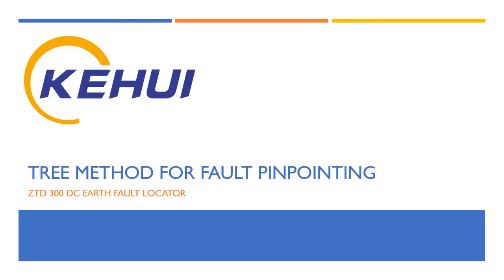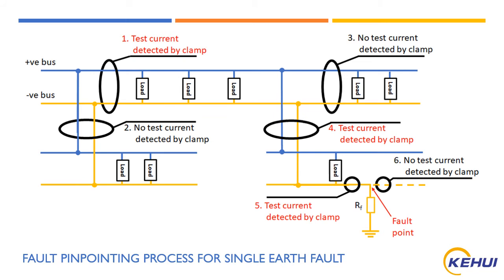For example, to give you a clear idea of understanding and pinpointing the fault, let us consider this single line diagram where you have two feeders with a bus bar connected to the load, and you can see one of the feeders is faulty. When you clamp to a healthy feeder, you don't get any information of the leakage current and the waveform on the display.